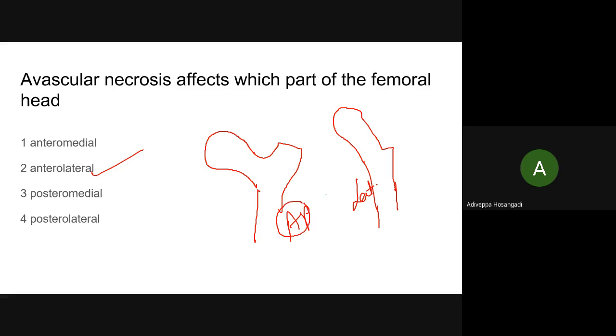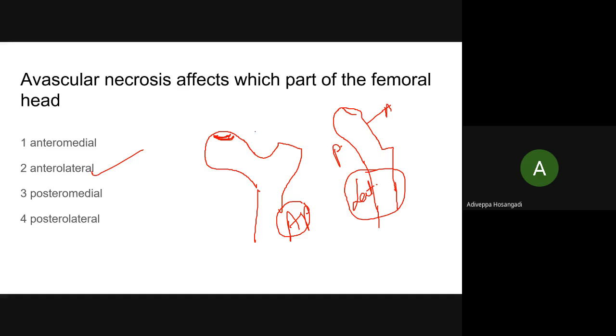This is an AP X-ray. This is a lateral X-ray. So it is here you see, in the commonly seen weight bearing portion, anterior. You can see anterior on the lateral X-ray because in lateral you can see anterior and posterior.